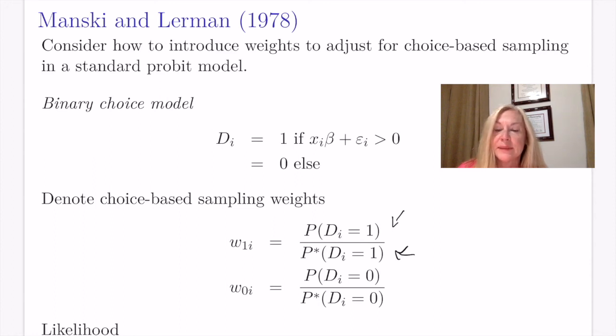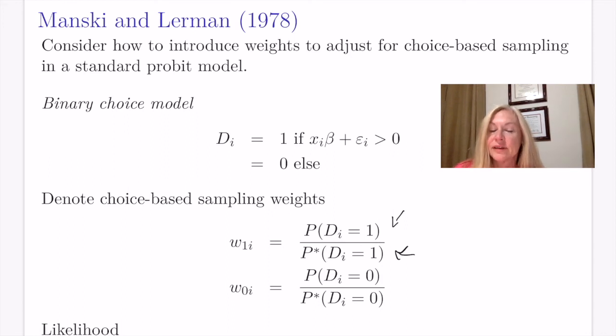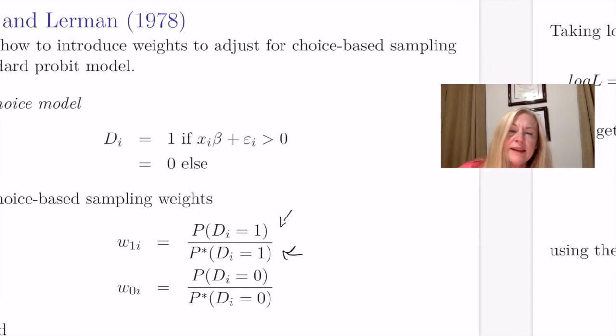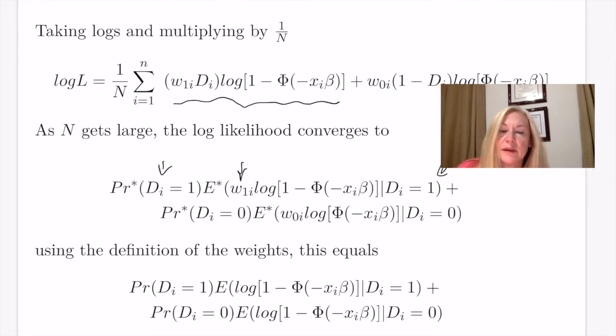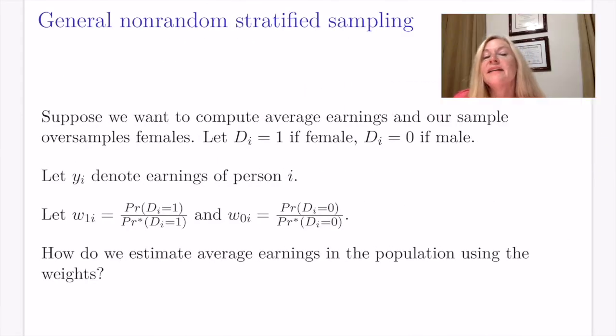If you don't know how the sampling was actually done, you can just use the fraction of d equals 1 in your sample. Although when you're estimating the weight, instead of plugging in a known weight, that's actually going to affect the standard errors, so you have to take into account that the weight is estimated. I think that's discussed in the Manski and Lerman article.